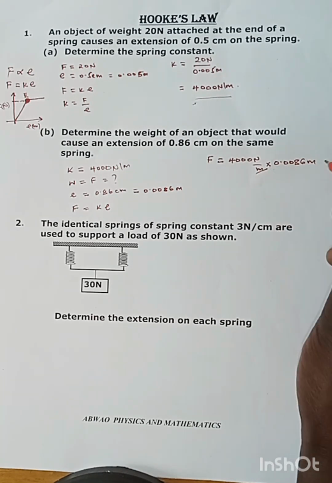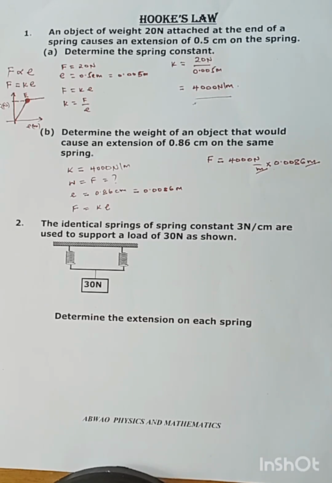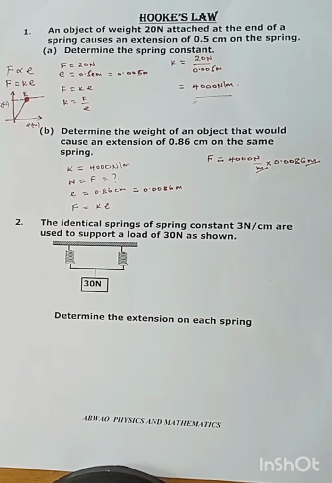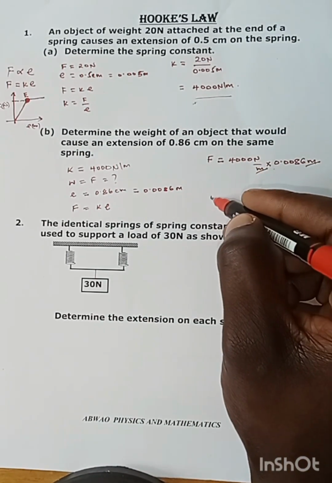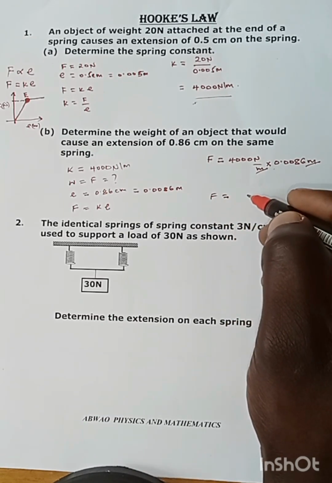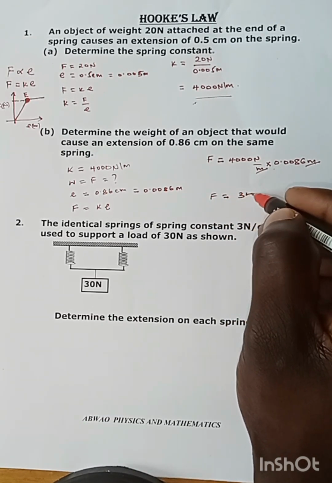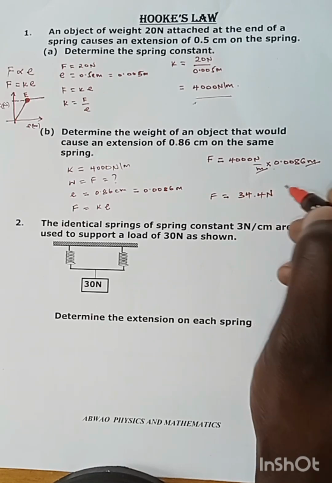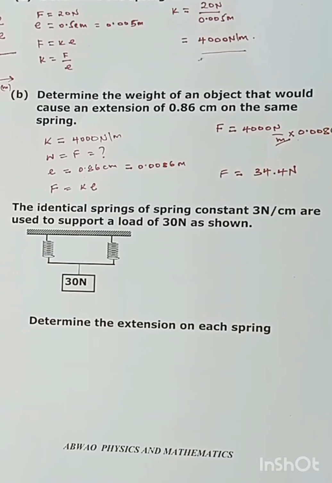Now the meter will cancel with the meter. Then we have 4,000 newtons times 0.0086, which now gives us a force of 34.4 newtons. We can then proceed to number 2.